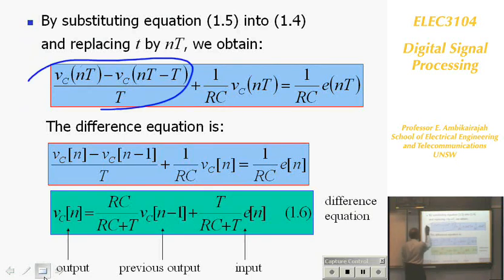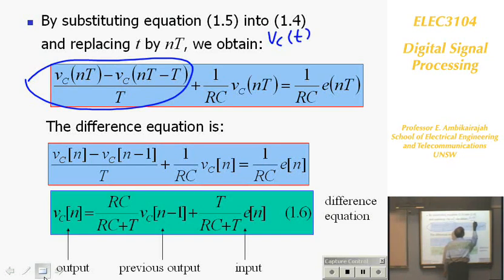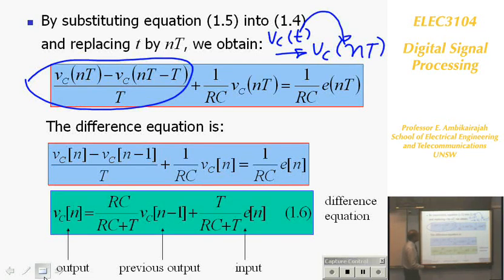Differentiation has now been replaced by that. And you had Vc(t) earlier. When you go for discrete, it will come as Vc(nT). Remember? T has to be replaced by nT. So that's Vc(nT). Similarly, e(t) is e(nT).